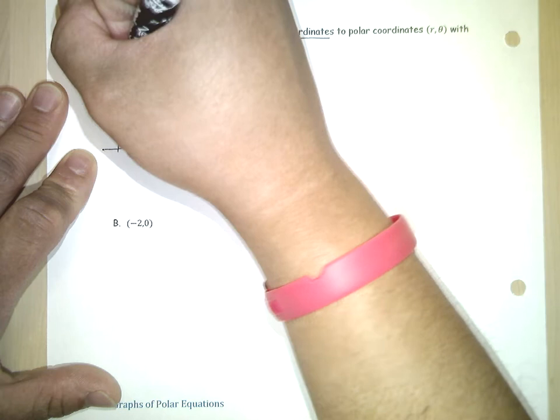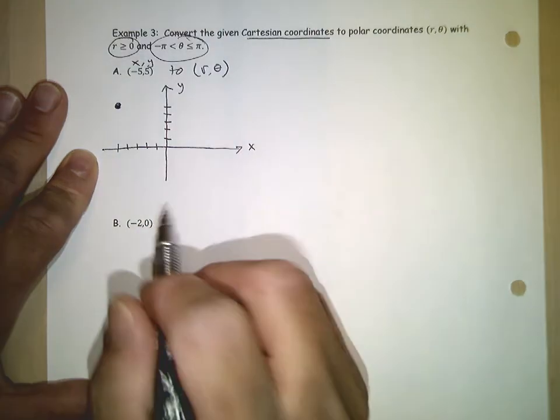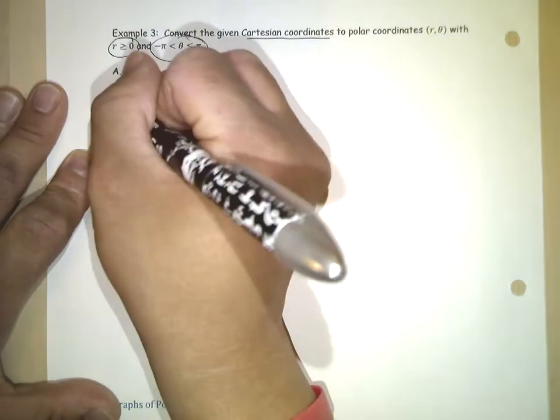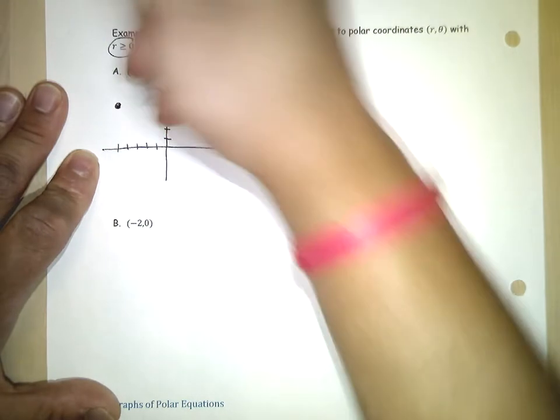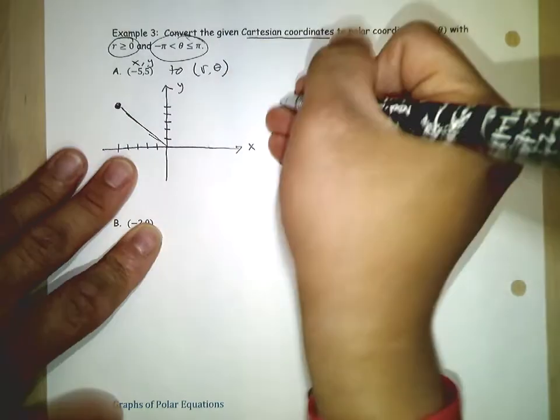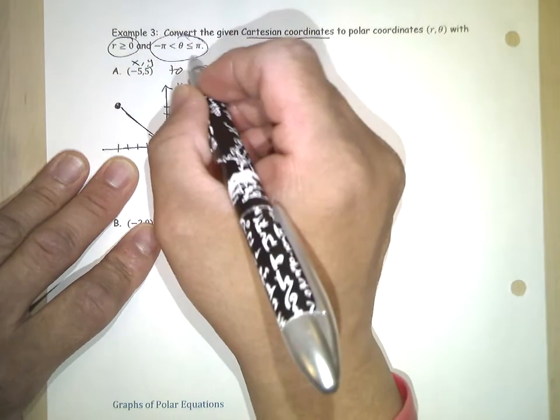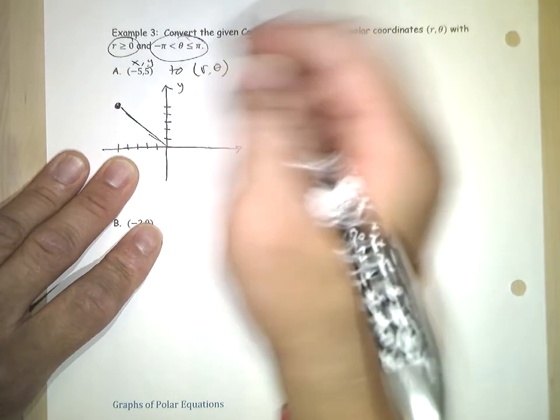And we want to figure out what this point is in polar coordinates here. All right, so, remember that we want r to be greater than or equal to 0 and theta between negative pi and pi.